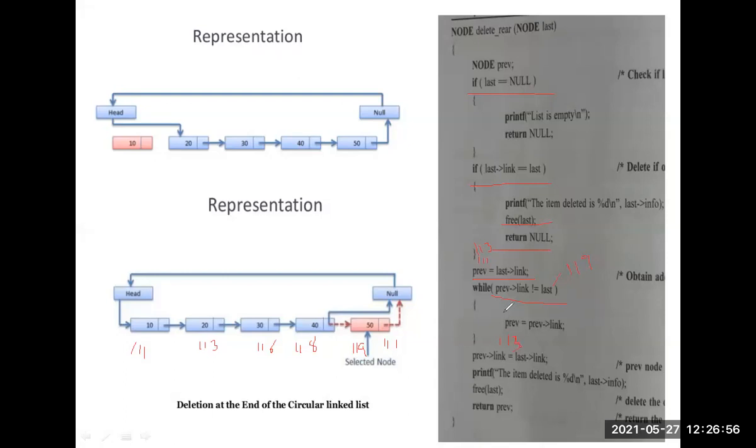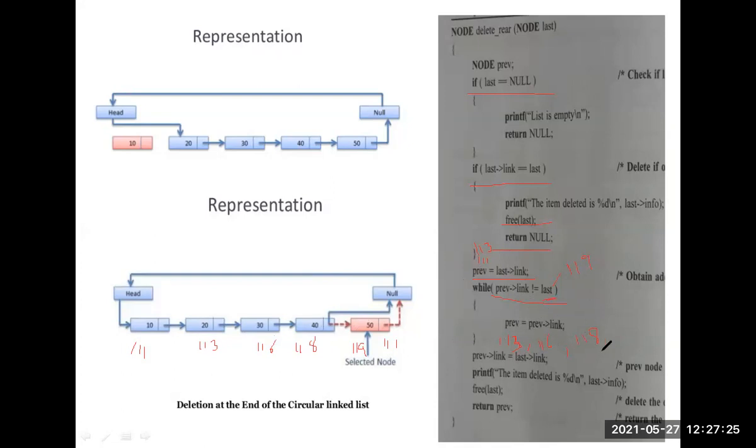Then previous of link: the link of 113 is 116. So 116 not equal to null, come inside the loop. Now previous is 116. The link of 116 is 118. Now previous is 118. The link of 118 is last, that is 119. So come out of the loop.